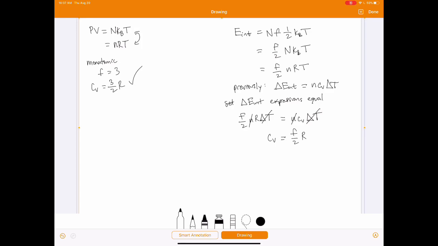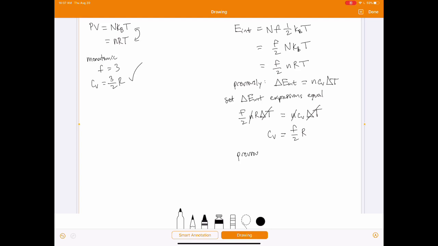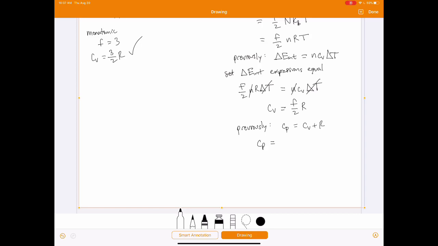But this also allows you to deal with things that aren't monatomic gases that have different values of F. So we also previously derived that Cp is equal to Cv plus R. So if we plug in F over 2 times R for Cv, and then we add R to that, we're going to get F over 2 plus 1 times R. Okay, so these two expressions here, I'll put a box around each one, are the general formulas for the molar specific heats of gases.